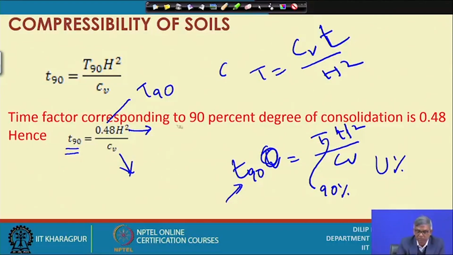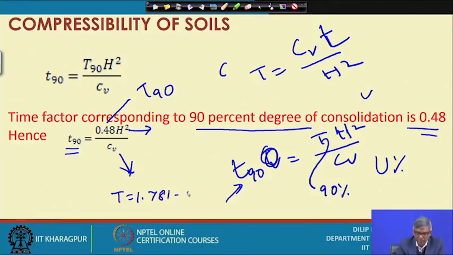So, time factor corresponding to 90% degree of consolidation is 0.848. If you go back to the chart, you will see that when U is 90, then T equal to 0.848, or you can use the second equation that T equal to 1.781 minus 0.933 log10 of (100 minus U).